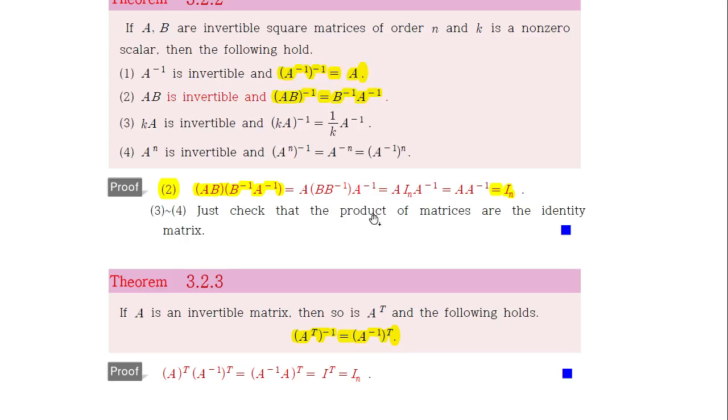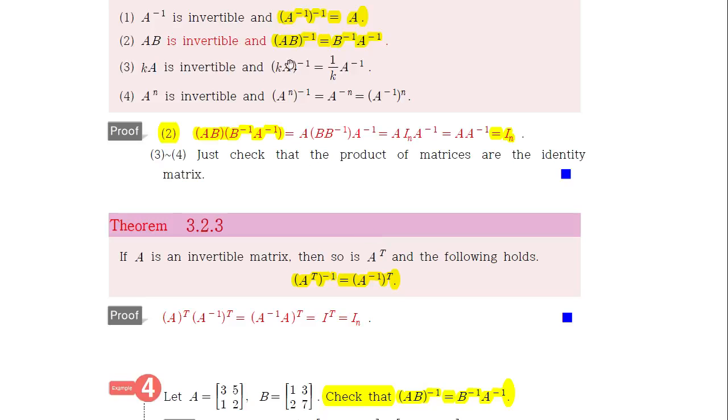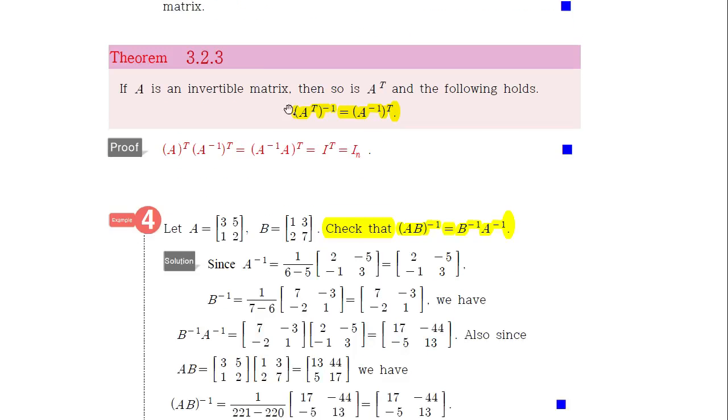Just like that. So showing invertibility is very easy if you find a matrix such that the product of those two matrices is an identity matrix. Okay? So proving this is also very easy. You will see some examples in the exercise.